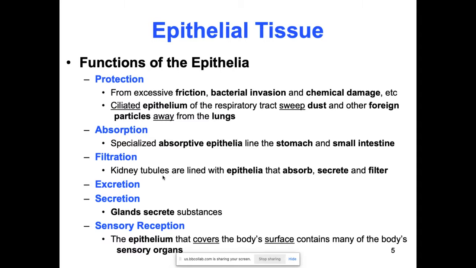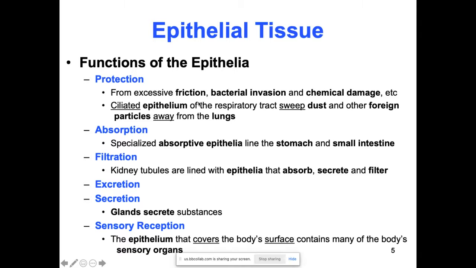So there's a proximal convoluted tubule and a distal convoluted tubule, part of the nephron. The nephron is the functional unit of the kidney, and this is where filtration, excretion, and secretion takes place, right? So the kidney is one of the perfect organs for epithelium that have many, many functions. Filtration, to filter the blood, to excrete, to get rid of things.